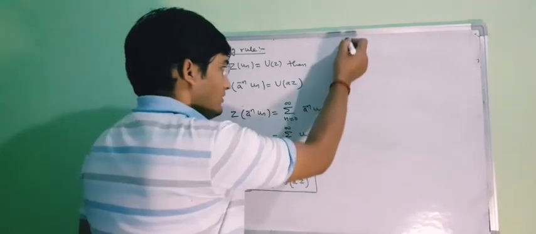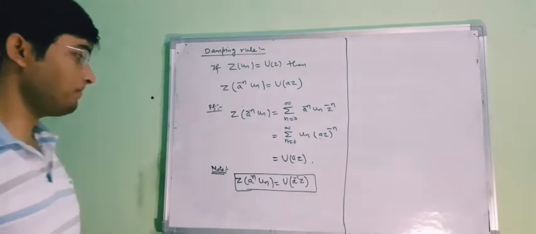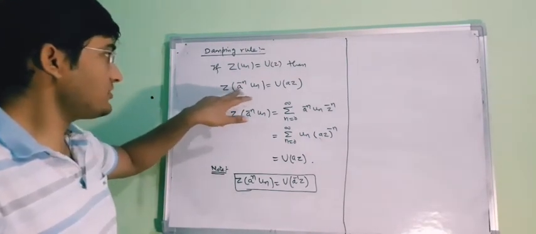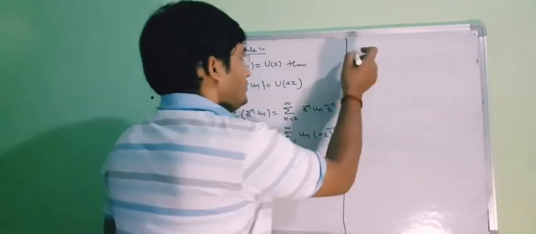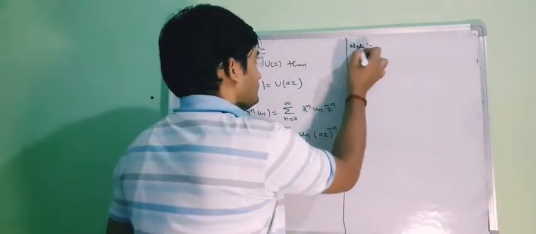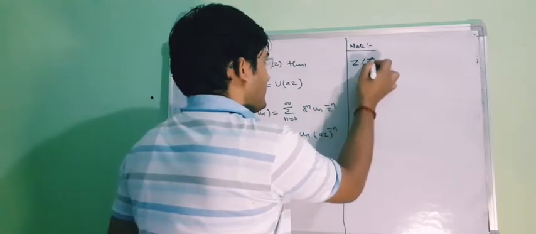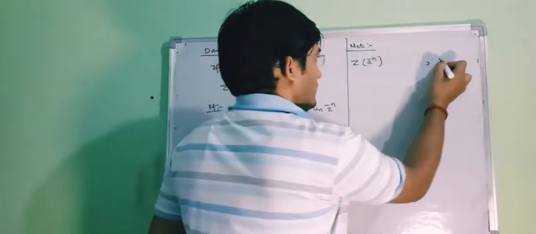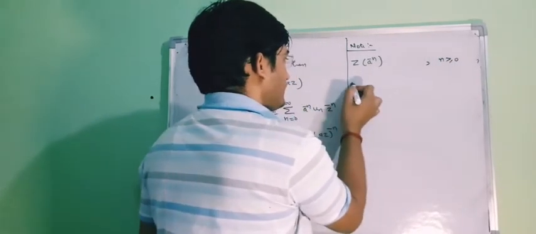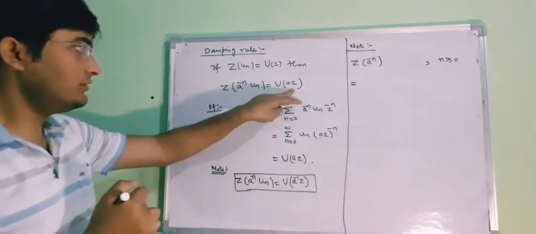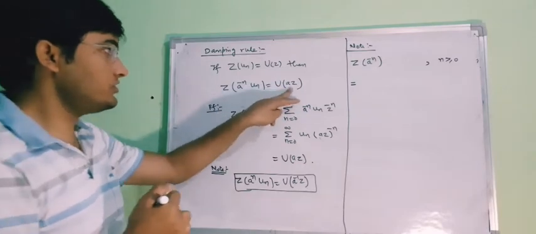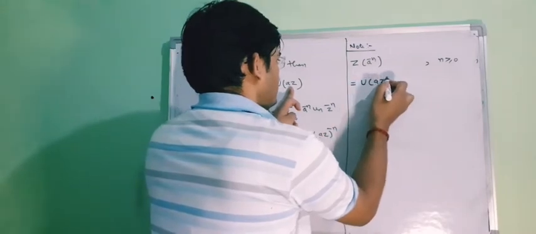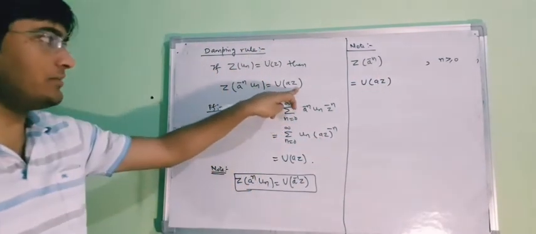Now from here we can have the Z transformation of a power minus n. Note, Z transformation of a power minus n, where your n is greater than or equal to 0. Now if you use this formula, then this will be U(az).